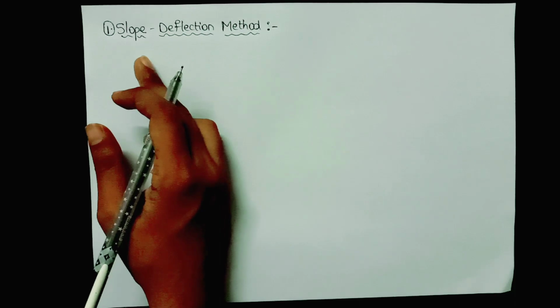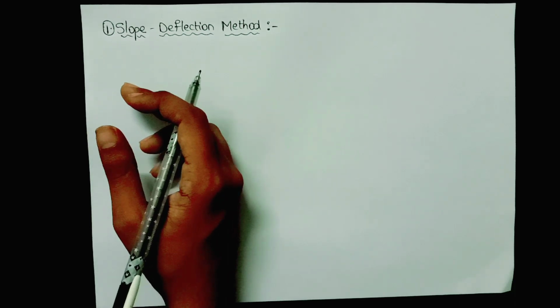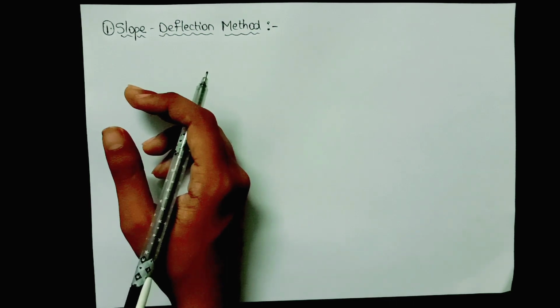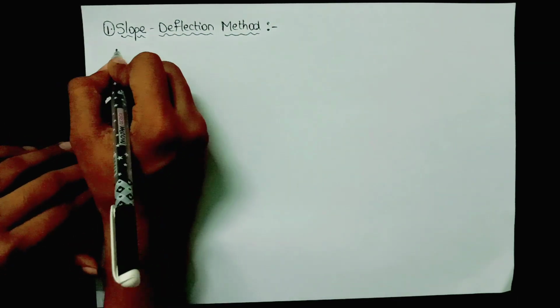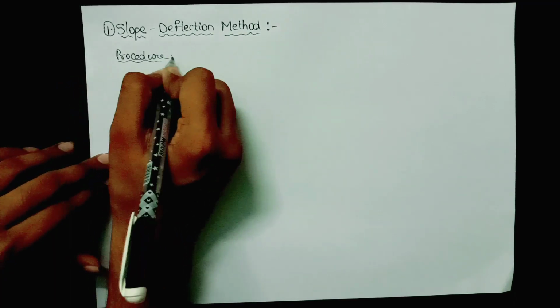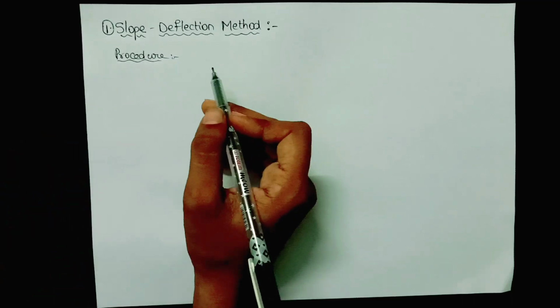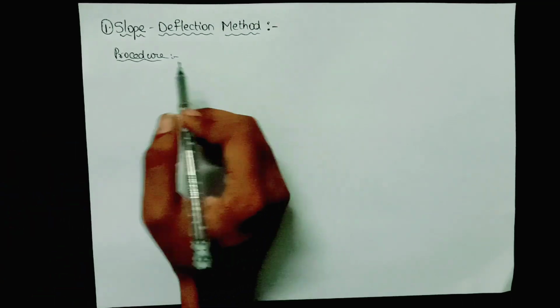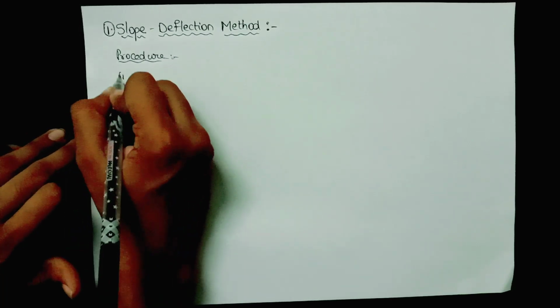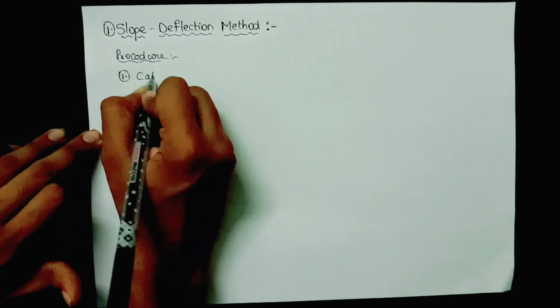While we are analyzing any frame, the first thing we have to do is identify whether it is a sway frame or non-sway frame. After the identification of the type of frame, we have to go for the procedure. The first step is to calculate the fixed end moments.